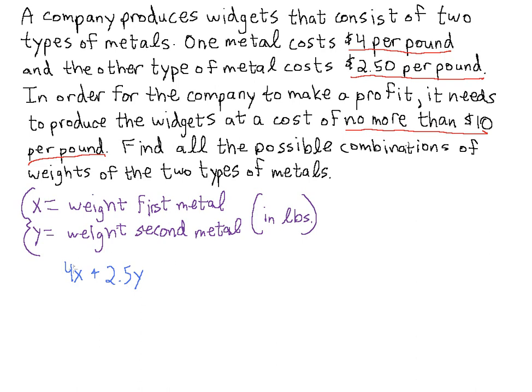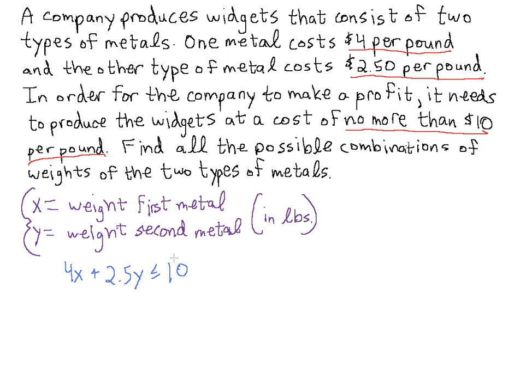Now this total cost needs to be no more than $10 per pound. It can be $10 per pound, but it can't exceed $10 a pound. So that means we want all the values that are less than or equal to $10.